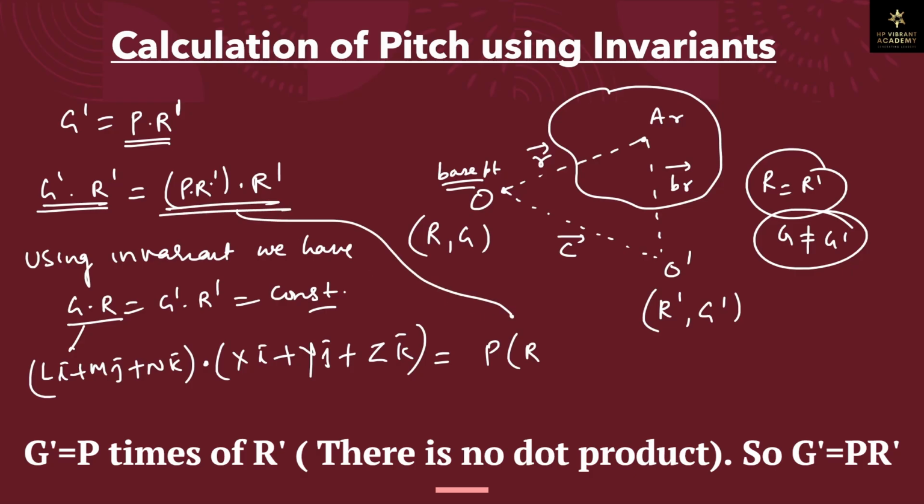So this is equal to P times of R dash dot R dash. Okay, and R dash is equal to R.